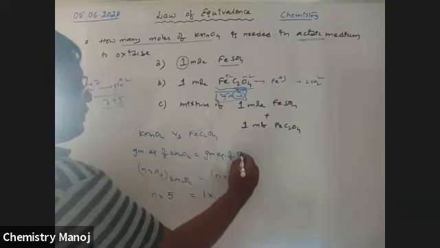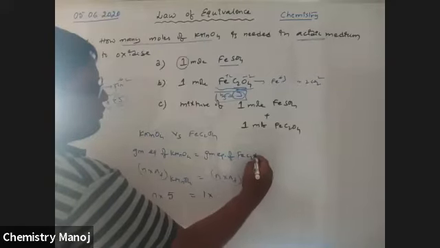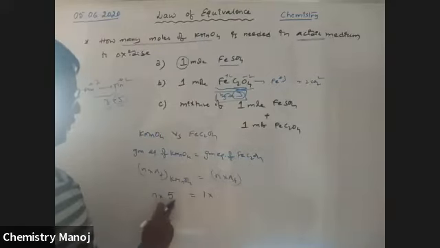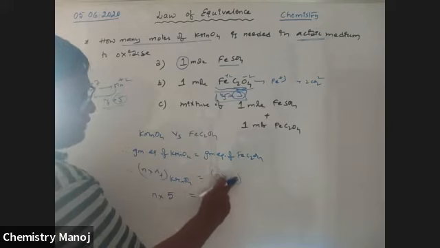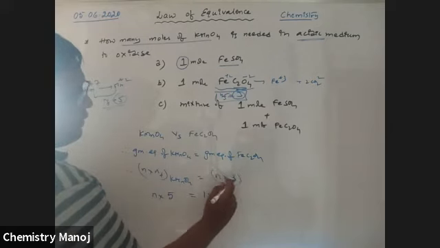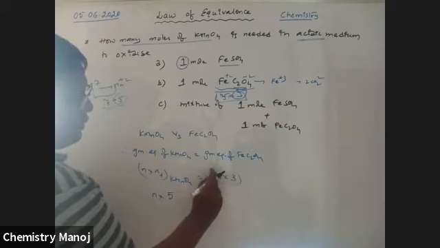That means for 1, N factor is 3. Here 1 mole, so 1 into 3. That is N is equal to 3 by 5, the answer. N is equal to 3 by 5. Now it is correct. Now what about the third case?